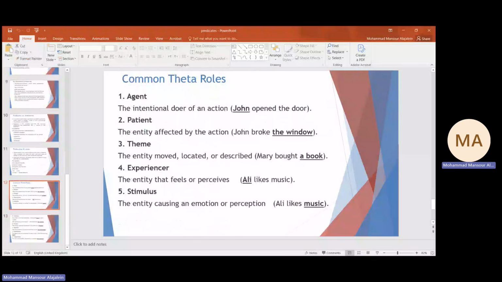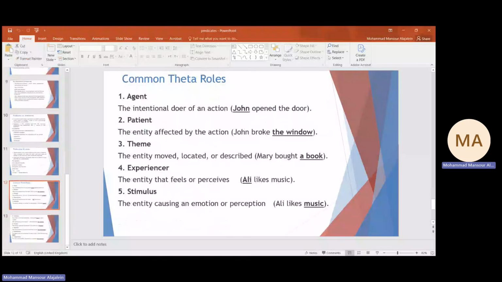And these roles were assigned by the verb gave in this sentence. And also we have goal. The goal is the destination of movement. She walked to the library. So the library in this case is the goal.